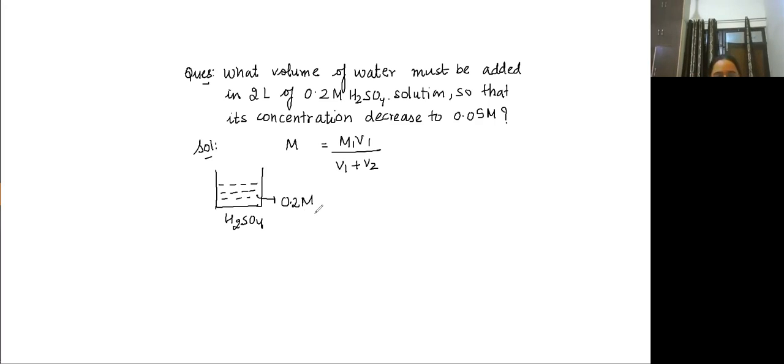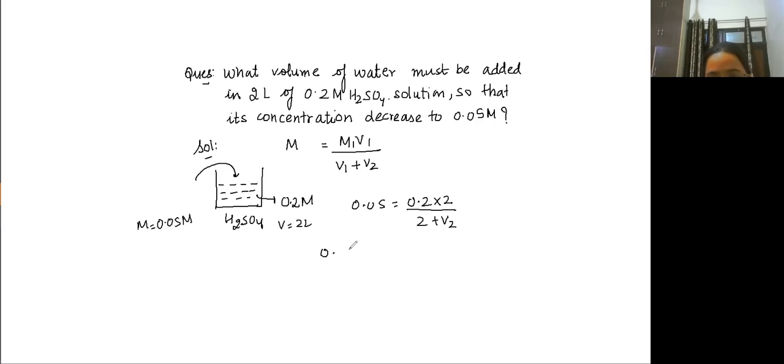0.2 molar and volume is given as 2 liter. You are adding water so that the final molarity becomes 0.05. So M is 0.05, M1 is 0.2 into 2, V1 plus V2, V1 is 2 liter, you have to find V2.